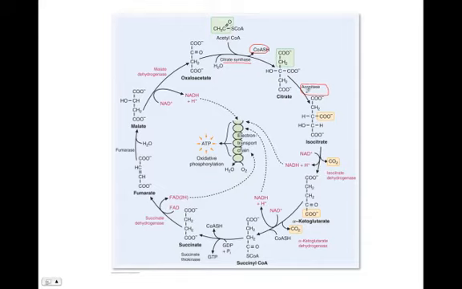The enzyme aconitase requires an iron complex at the active site of the enzyme. From there, isocitrate is converted to alpha-ketoglutarate, and this is our first decarboxylation step in the TCA cycle, where carbon dioxide is released. The enzyme here is isocitrate dehydrogenase.